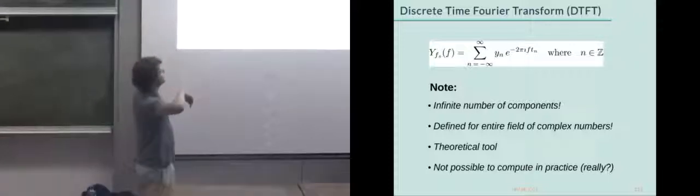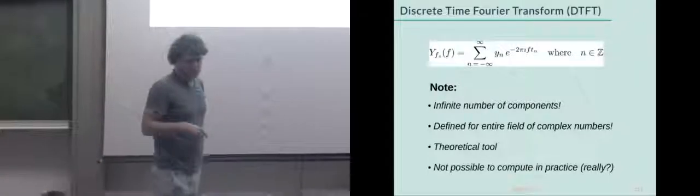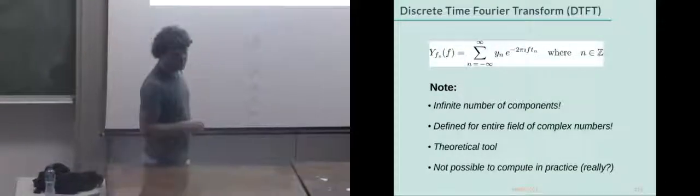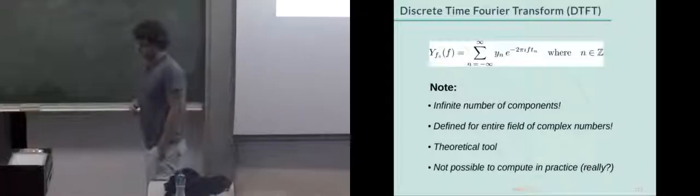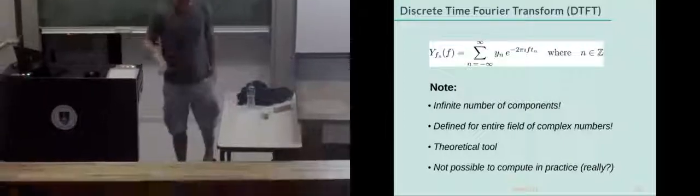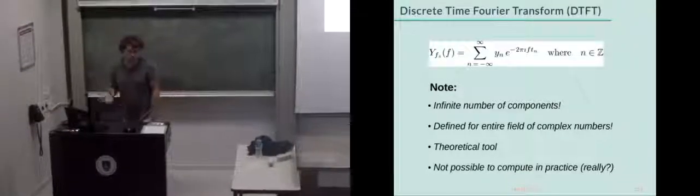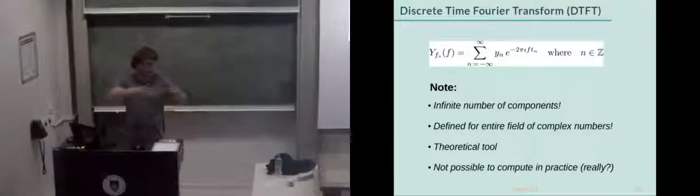So yn and tn are discretized, but I haven't discretized the frequency at this stage. Also notice that there are an infinite number of components to compute. The sum runs from minus infinity to infinity. So this is not something that we can actually do in practice. You can never measure a signal for an infinitely long time.